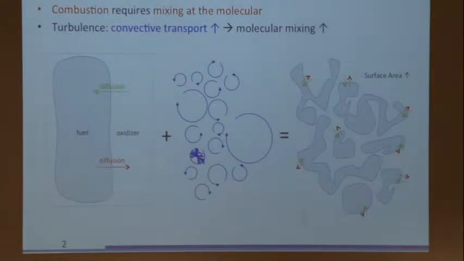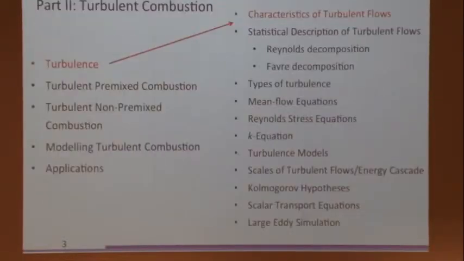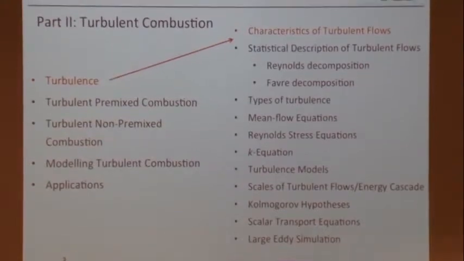Turbulent mixing occurs on all scales, and it creates a lot of interface surface and high gradients, and so diffusion becomes very, very fast. That's what turbulence does. That's just to give you a picture of how turbulence looks.